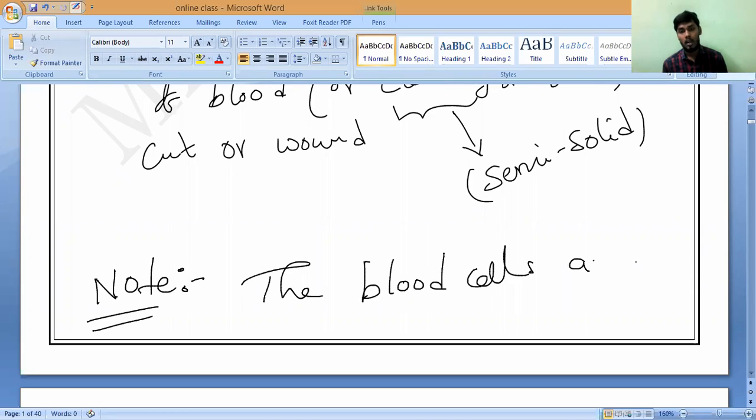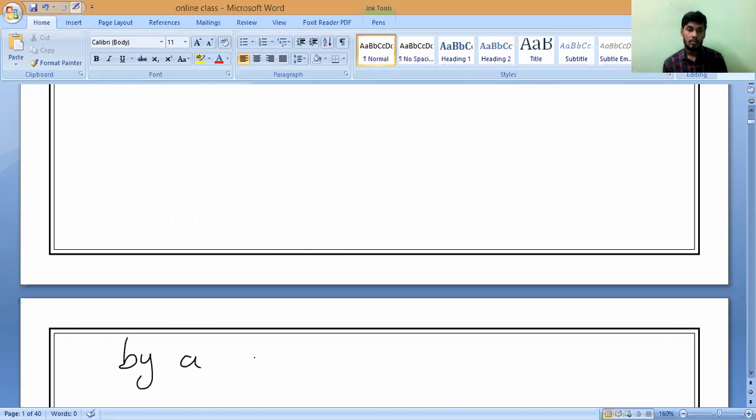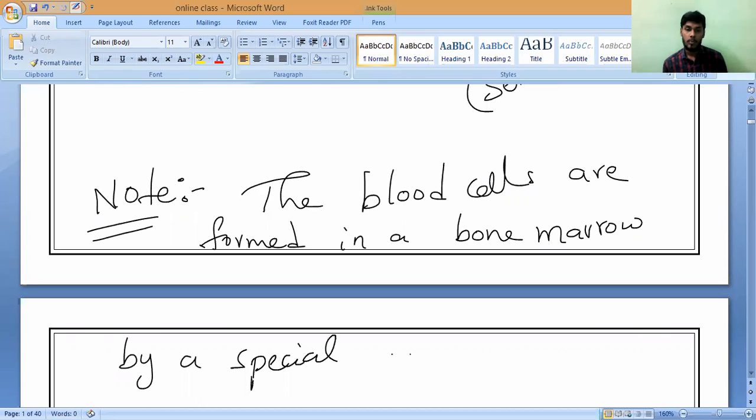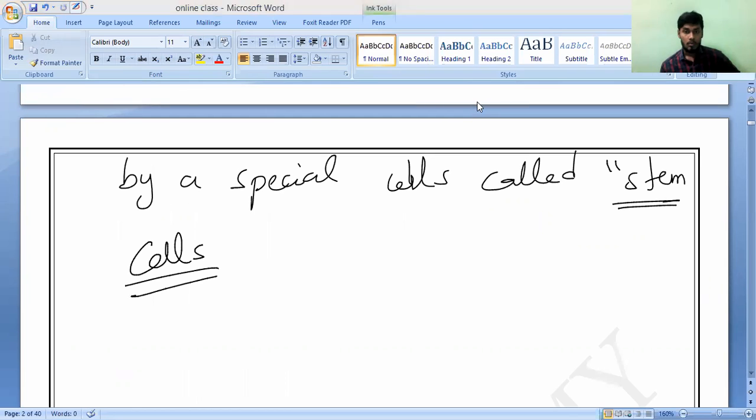All the blood cells are formed in the bone marrow, by special cells called what? Stem cells. Most important. One word, one more question. MCQ, it is very, very important. Stem cells. Do you understand, all of you? Yes or no?